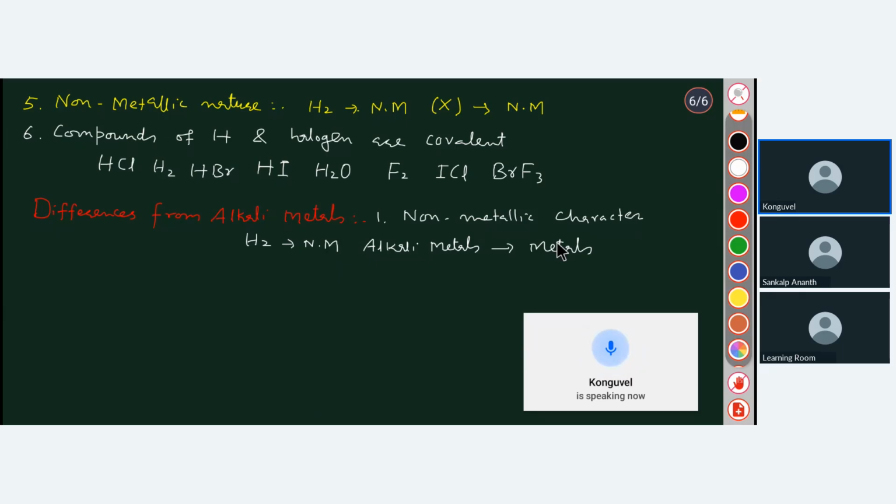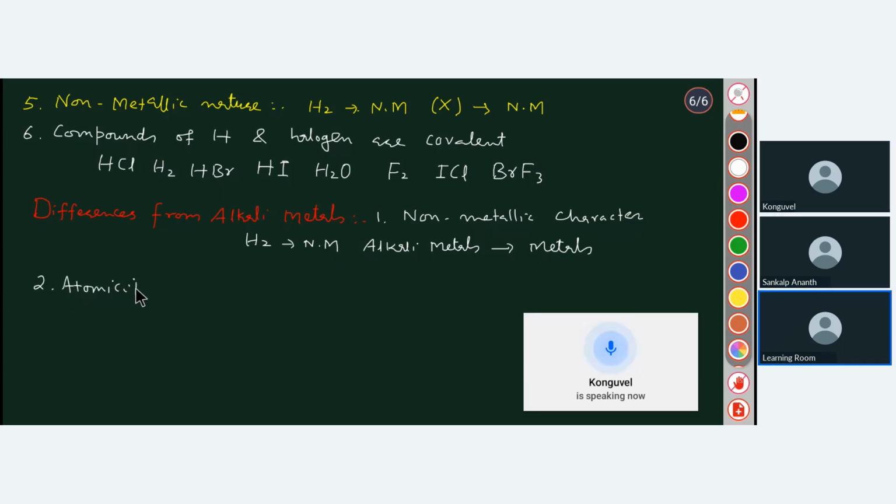So hydrogen doesn't resemble the alkali metals in this respect, because alkali metals are all soft metals, but hydrogen is a non-metal that exists in the gaseous state. Number two, the difference is the atomicity.